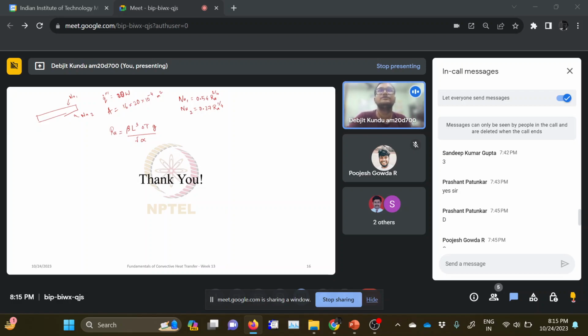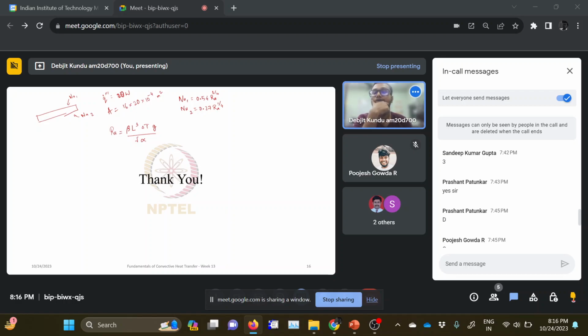K is given, nu is given, beta and Prandtl number are given. For alpha we need K, rho, Cp, and this is air, right? Prandtl number is given, so from there we can find alpha.